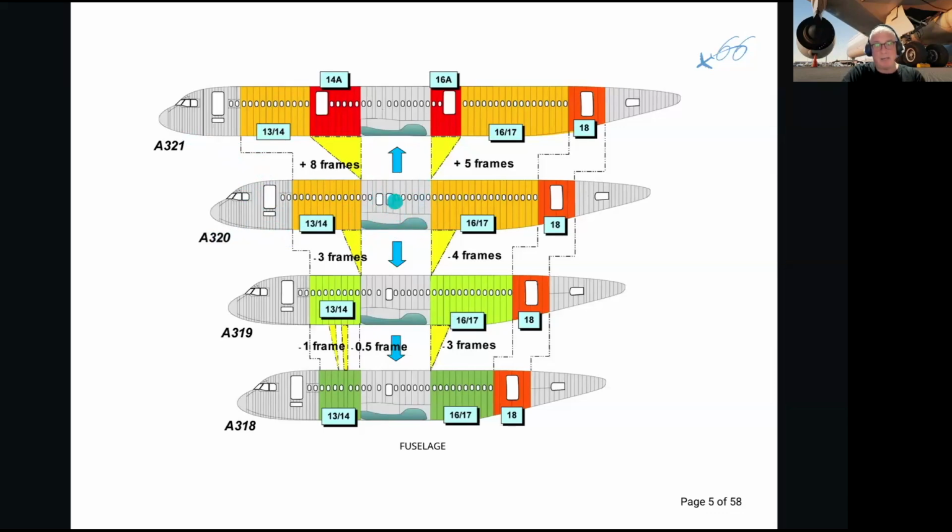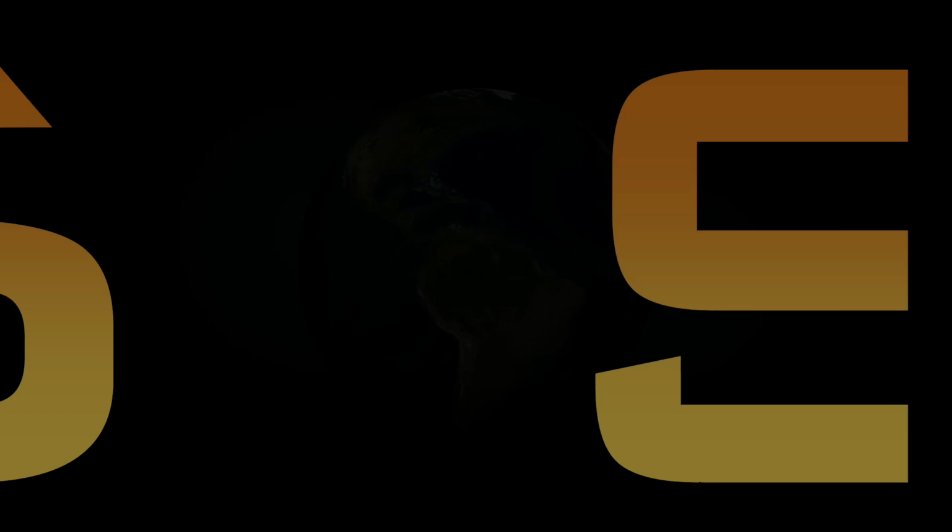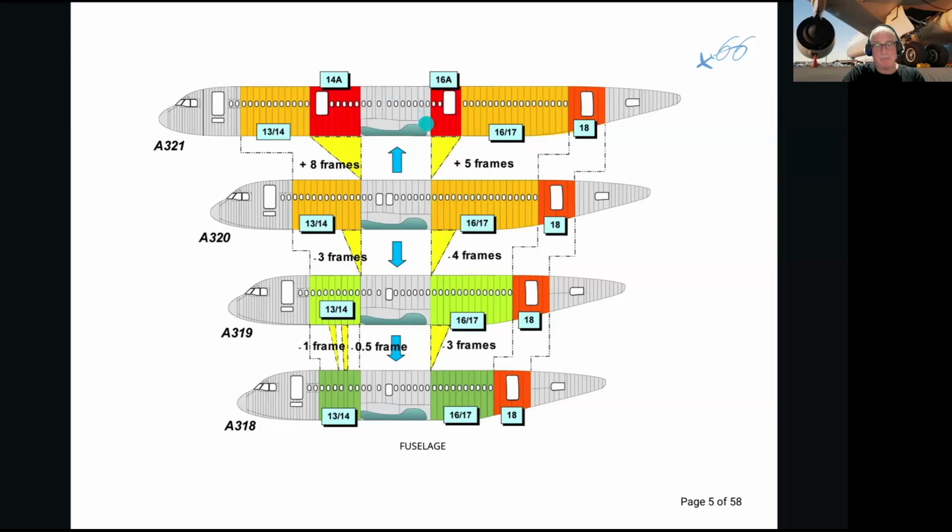You can see there's 2 overwing exits. They replaced it with a piece with no overwing exits because they put emergency exits here, emergency doors fore and aft of the center section, because they had to increase the area of evacuation, so to speak.